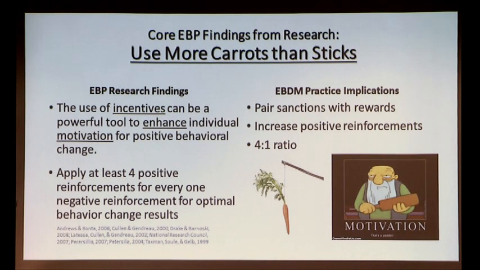But we need to start changing our behavior, how we interact with individuals. And it's using that carrot approach. So it's really trying to motivate people for change towards something versus away from something. Judge mentioned the 4-to-1 ratio. That's what research is showing, that if you've got that 4-to-1 positive versus negative, you're going to have the most impact.